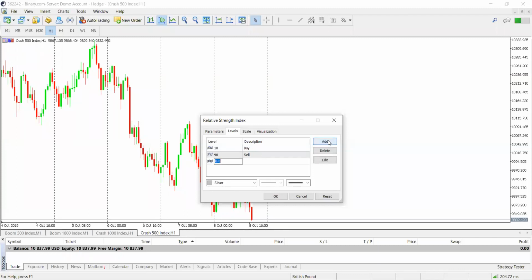For instance, if we add a level, say level 30 or 35, we add level 30, and then we say buy.